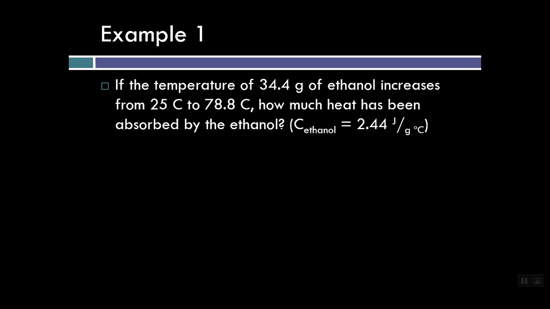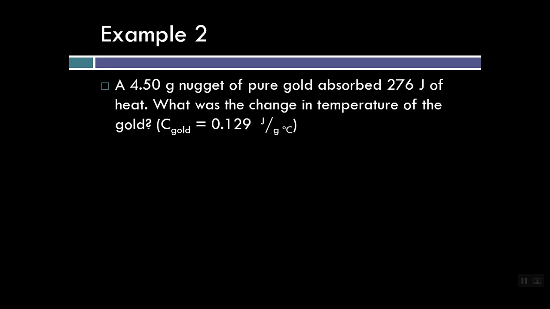So let's try some problems. Let's read it carefully and see what we're given. We know the temperature is going to increase. That's my change. Increase means change. I'm going from 25 degrees to 78.8.